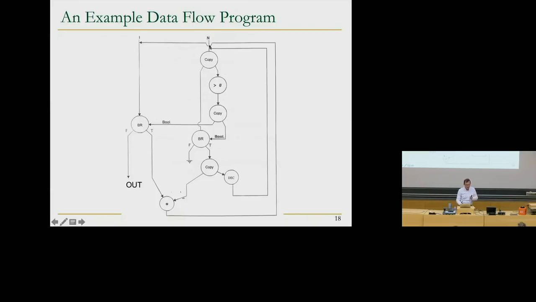What this programmer decided to do is copy n. This is a copy node. You get n over here, and then n over here, and then a greater than 0 node. If n is greater than 0, you get true, otherwise you get false. And then you copy that Boolean value to here and here. Now, if this is true, 1 gets passed over here, otherwise you get the output over here.